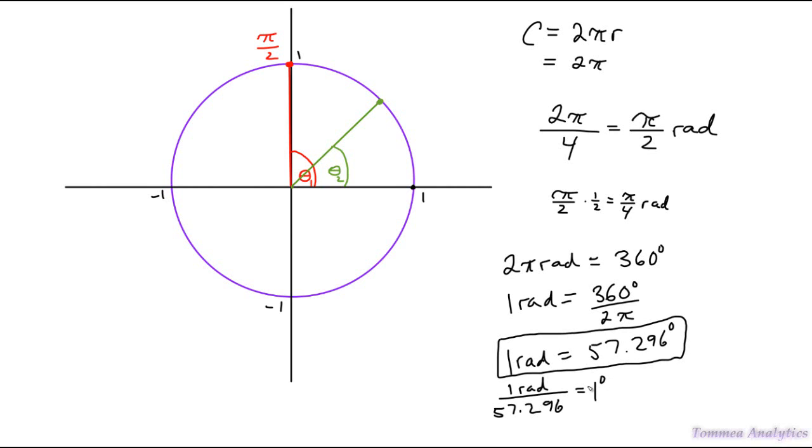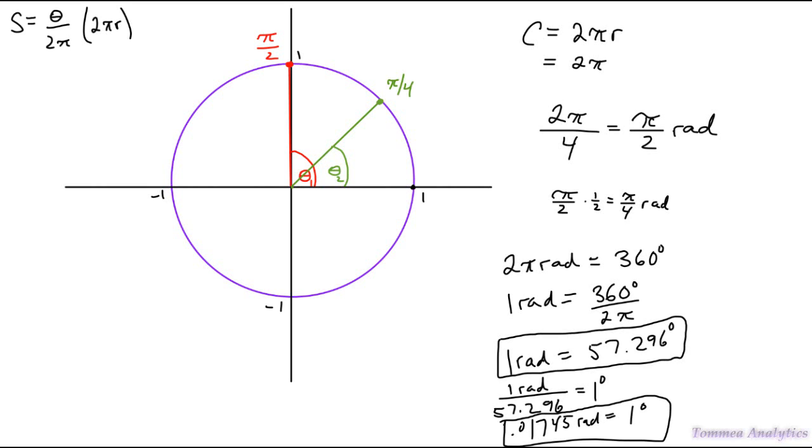And when we do the math on this, we get 1 degree is equal to 1 divided by the number down here. That turns out to be 0.01745 radians. So 1 degree is equal to 0.01745 radians.